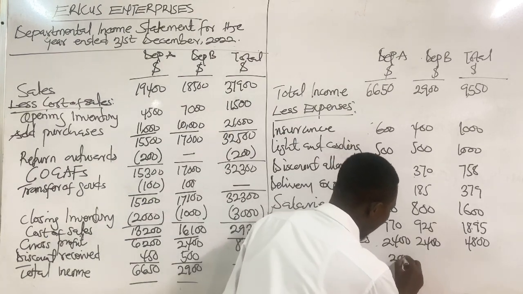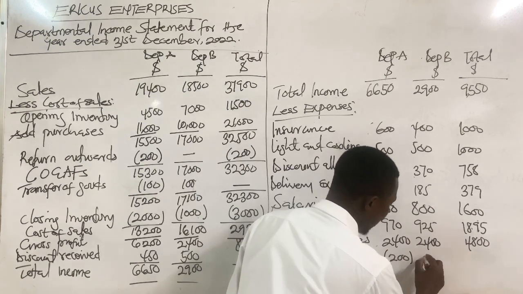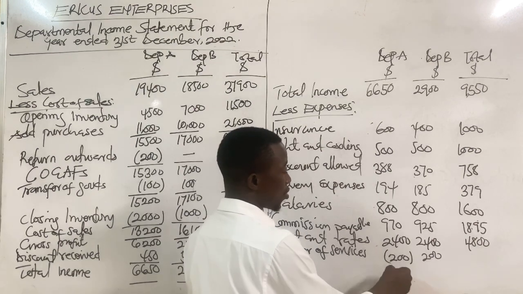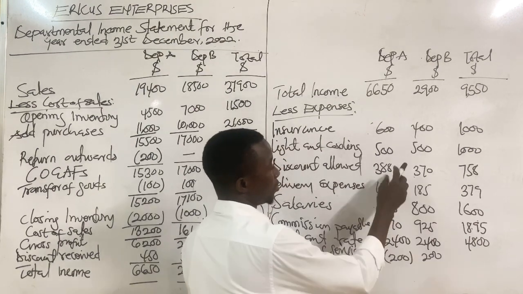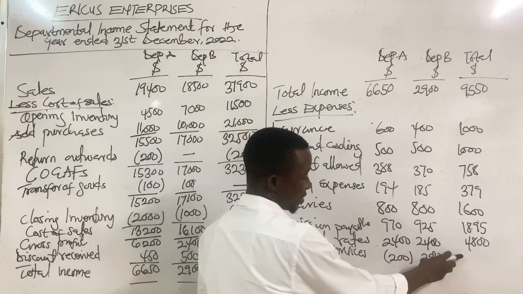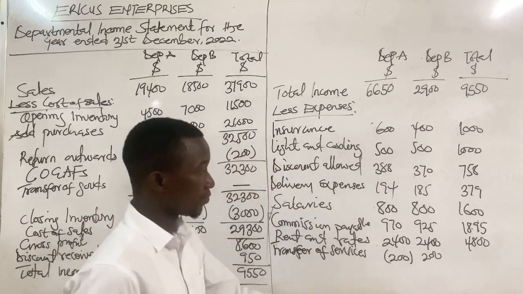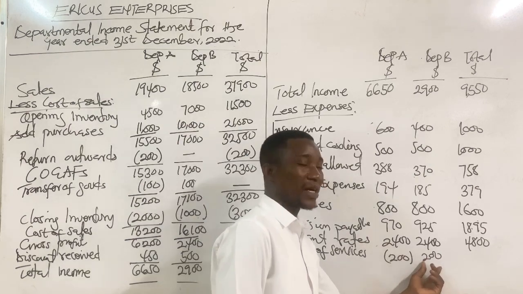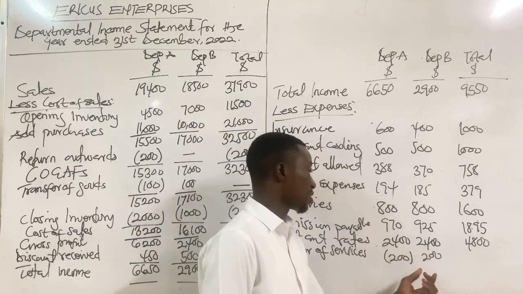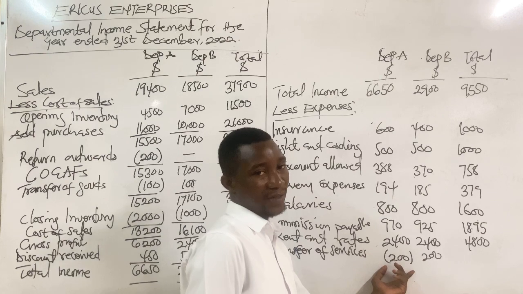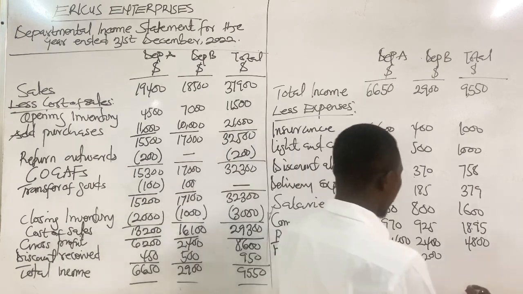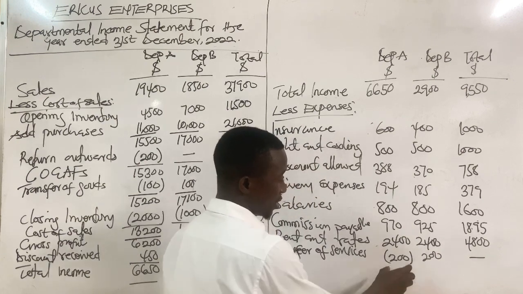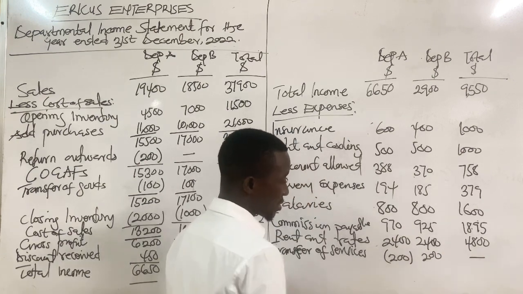So Department A rendered it for the benefit of Department B. So we need to take the cost out of Department A and add it to Department B. Or better still, we debit Department B profit and loss account and credit Department A profit and loss account. Okay, and it has no effect on the total, because this is negative, this is positive, and it cancels out.